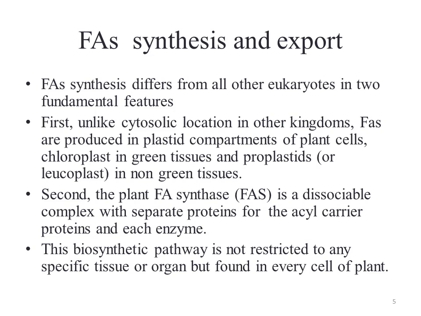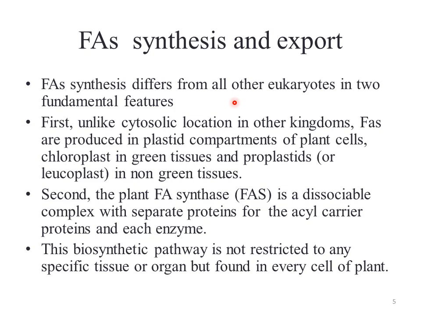As fatty acids, the structural component of lipids, are very important, it is important to discuss where they are synthesized and from where they get exported to the other parts of the plant where they are not synthesized. Fatty acid synthesis differs from all other eukaryotes in two fundamental features.